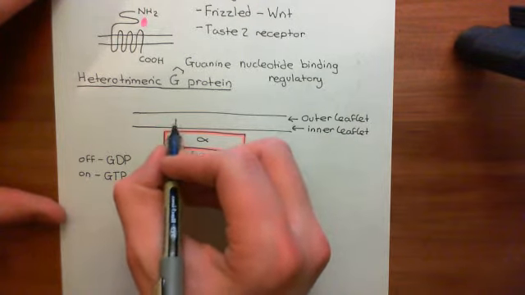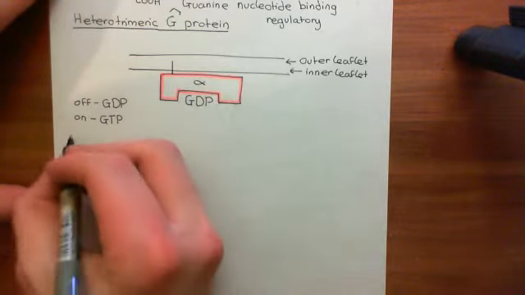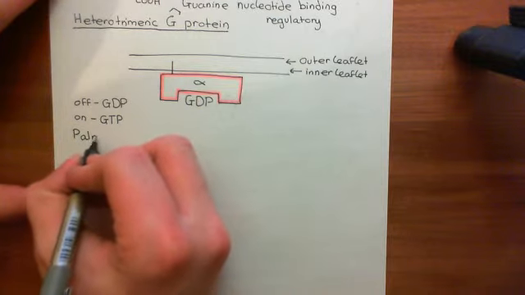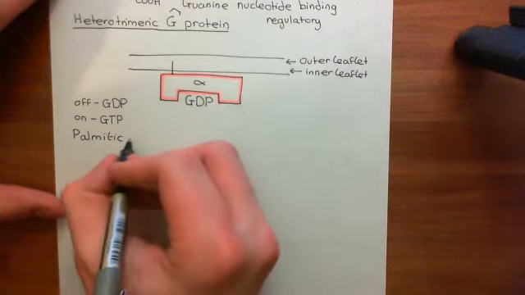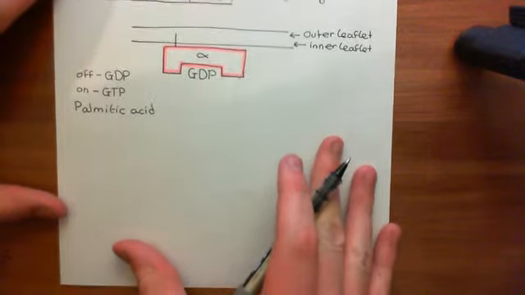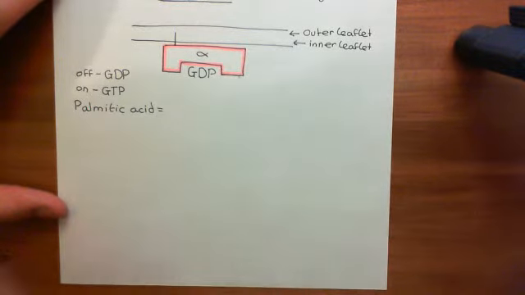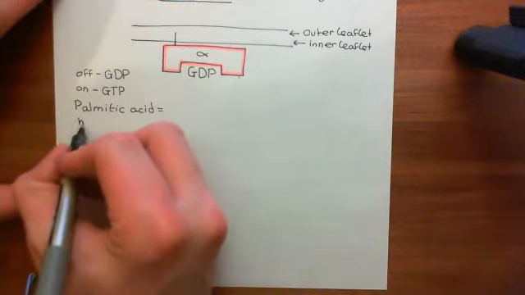Let me tell you exactly what this little line is representing. Most of the alpha subunits of heterotrimeric G proteins, and there are many different alpha subunits, get palmitic acid molecules attached onto the side of them. The more correct name for palmitic acid is hexadecanoic acid.